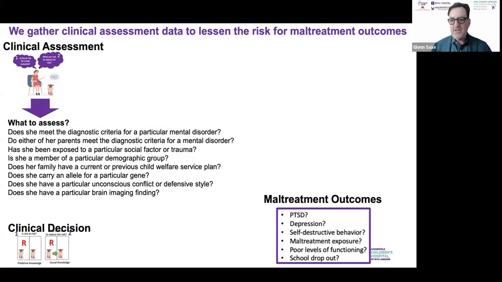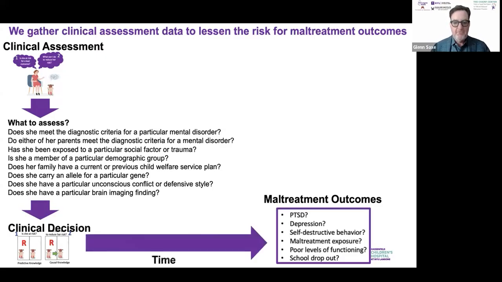You could see this is all about information, and anything might be relevant or irrelevant. So we have to be very careful, in the limited time we have for assessment, about what would be most informative, because this leads to our clinical decision. And then it's the time we're seeing someone to make these decisions, and then what's going to happen.